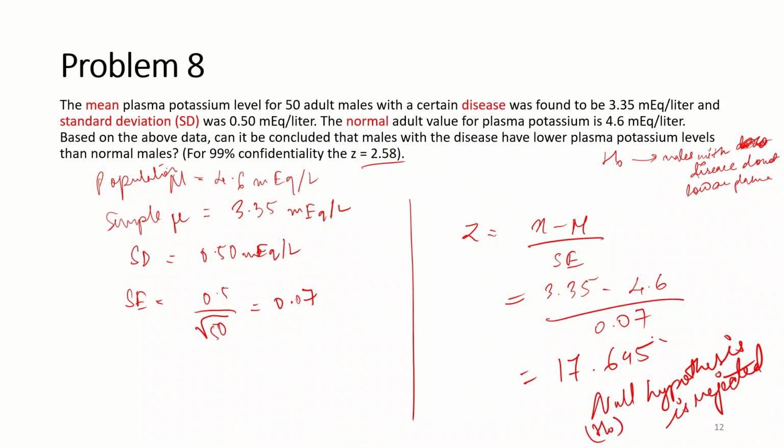So 17.645 is a calculated value. According to the test, you have to compare it to the table value. Depending on whether it is greater than or less than the table value, you have to tell whether it passed the Z test.